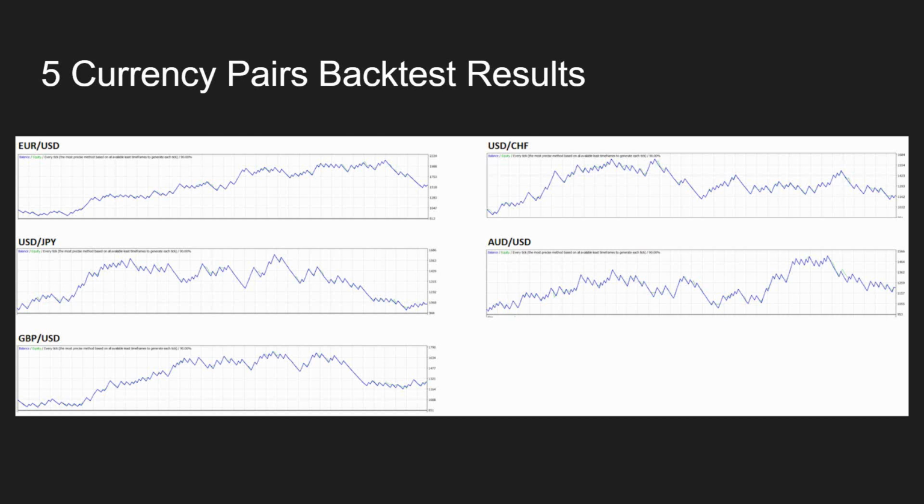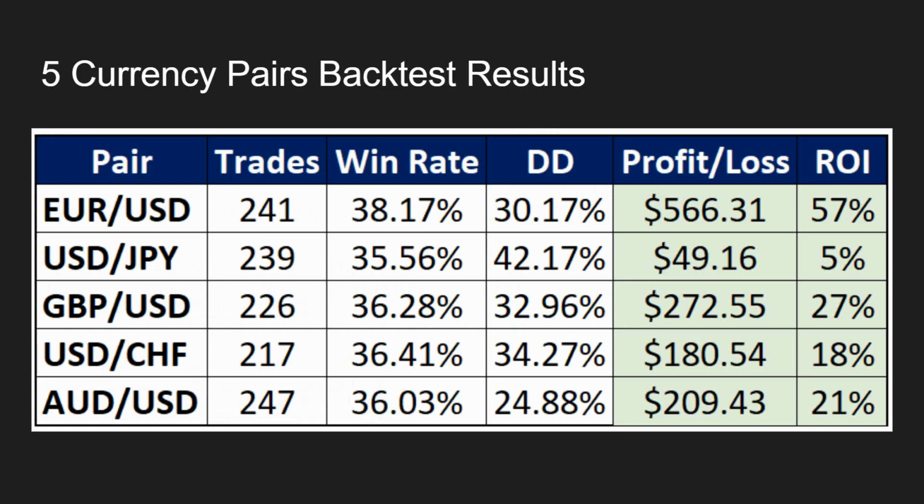And the other part is, let's just assume we didn't take it as an EA, we took it as an actual trading strategy. Would I have personally, discretionarily, taken all 241 trades of the Euro USD? No. Some would have worked out really well, but some wouldn't have.